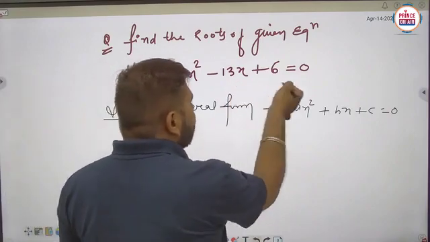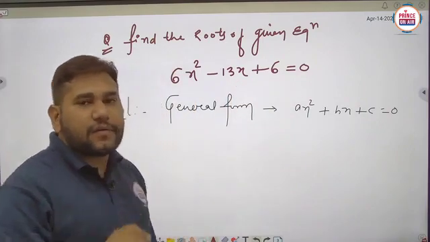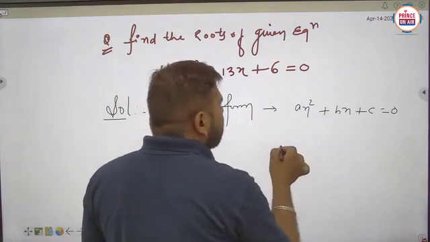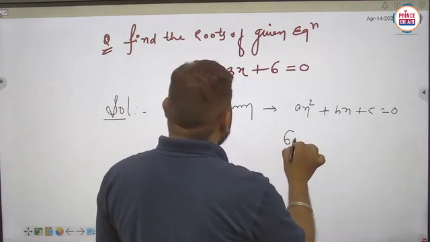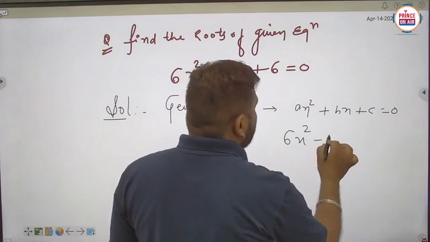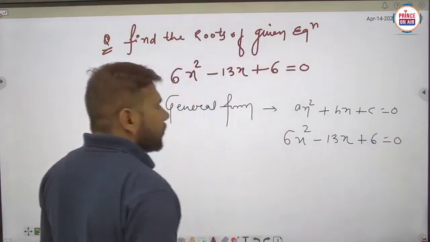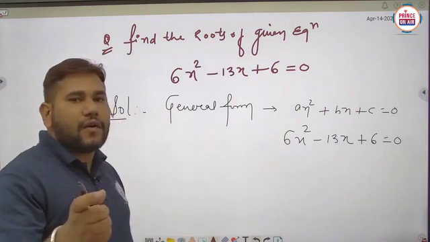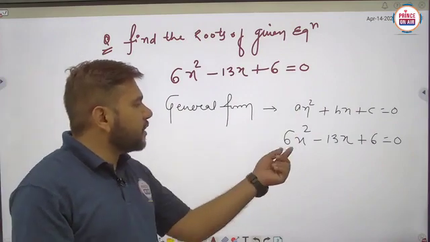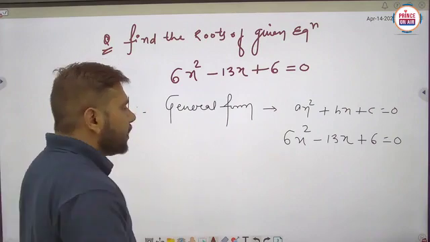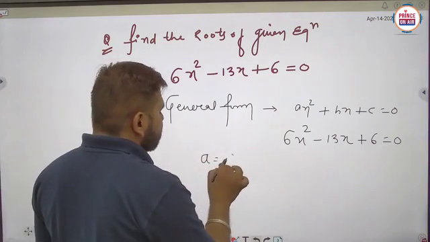First of all, we will compare this equation with the general form. Here I am writing the equation. What is the equation, beta? 6x square minus 13x plus 6 is equal to 0. What is a? a is the coefficient of x square. Here, a is equal to 6.